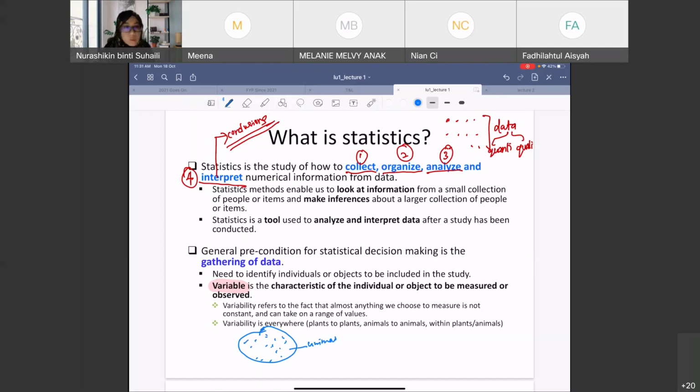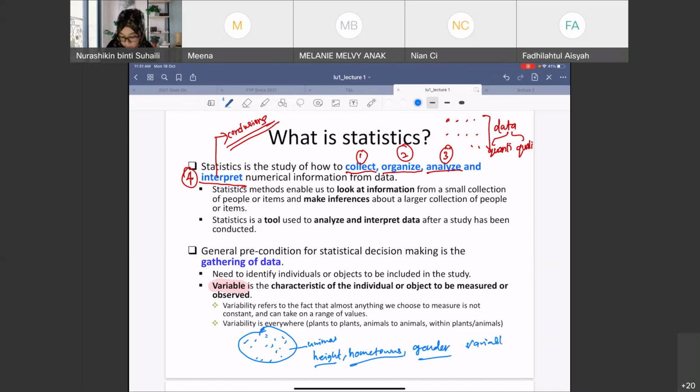What kind of things do you want to measure? Just now I mentioned height. It can be anything, like background, hometowns, or gender, right? This thing is the variable.